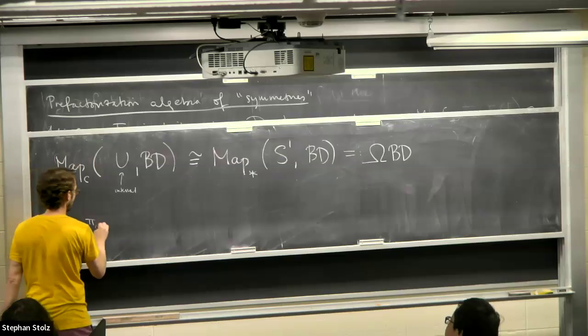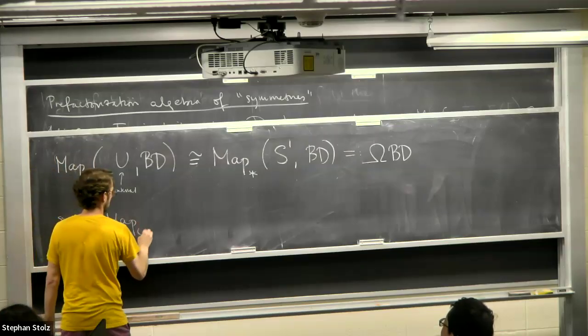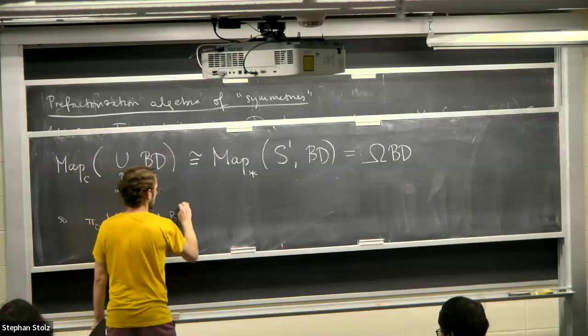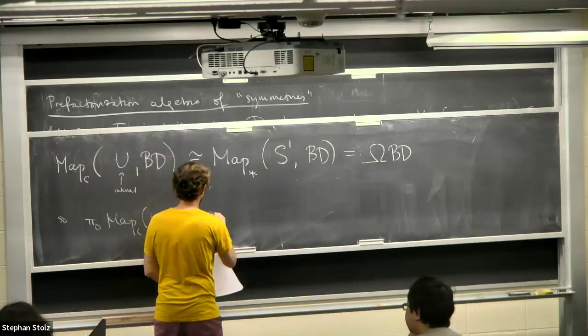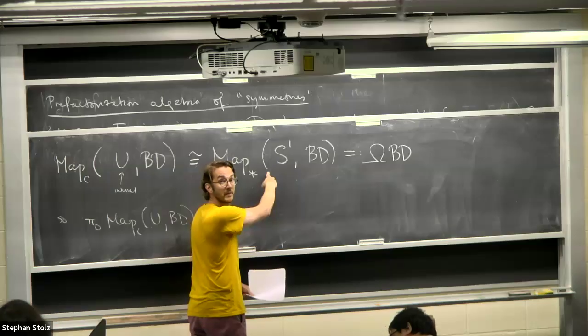So notice that pi naught in this case is exactly the same thing as pi naught of these based maps.